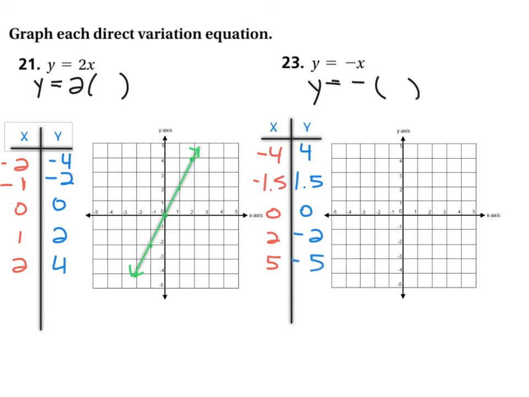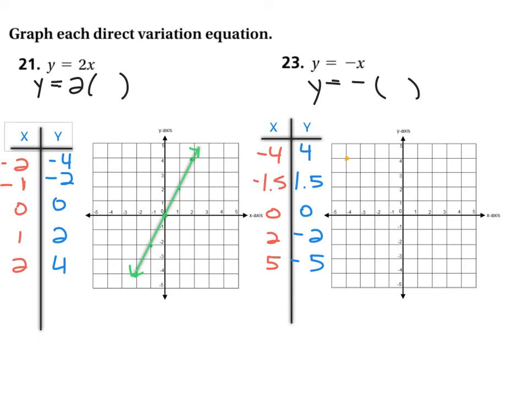And when we plot those points, I'll plot them in orange. We plot -4, 4. That's up there. We plot -1.5, 1.5.